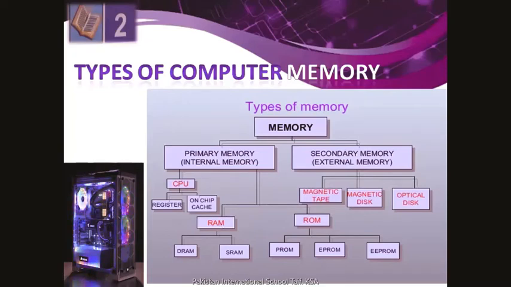The second type of internal memory is ROM, and it is classified into PROM, EPROM, and EEPROM: programmable read-only memory, erasable programmable read-only memory, and electrically erasable programmable read-only memory. Then we have secondary memory and external memory, which has magnetic tape, magnetic disk, and optical disk. All these are the types of your memory.